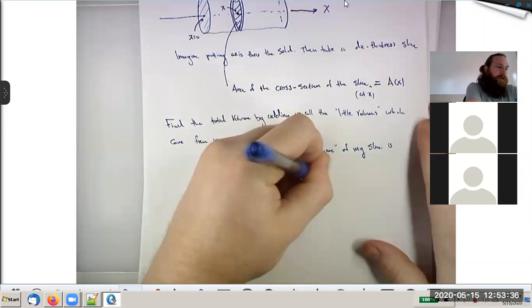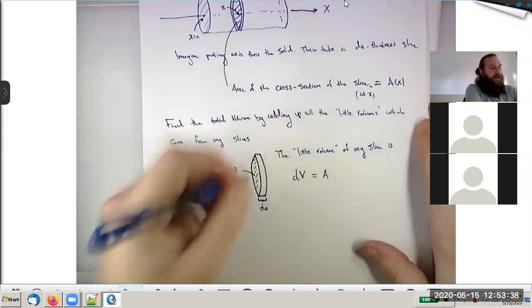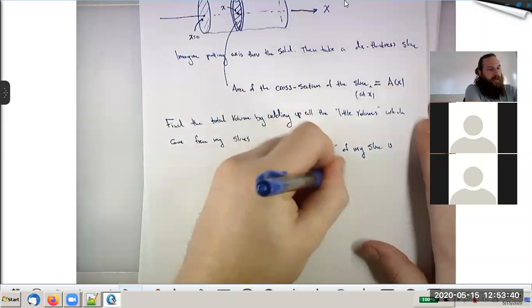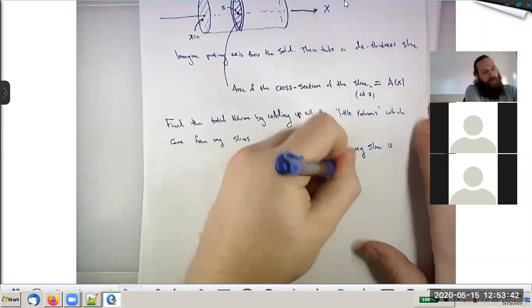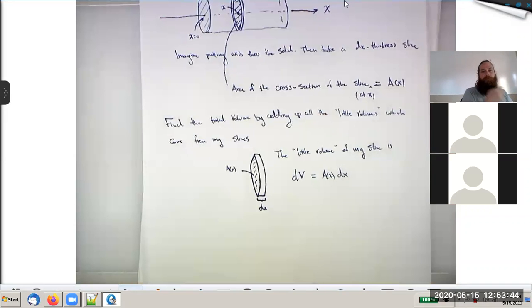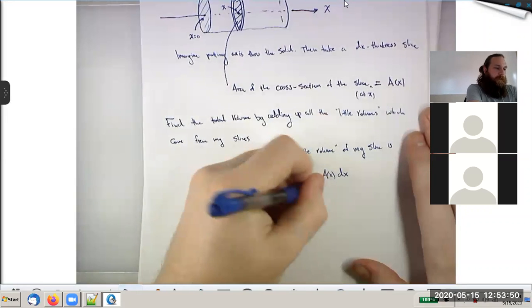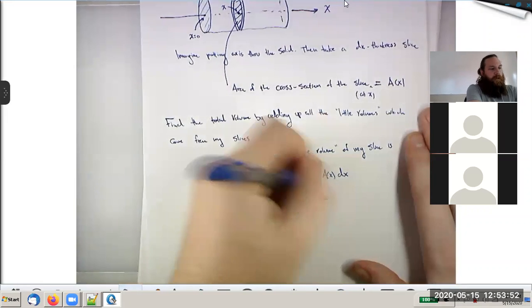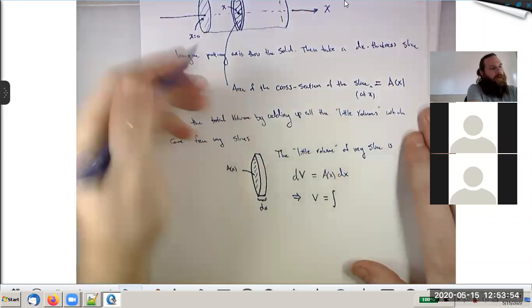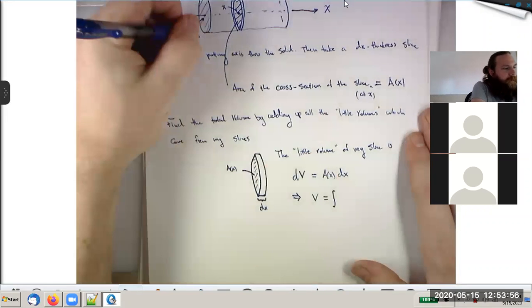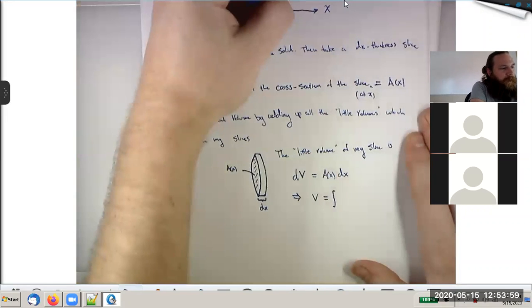dv will be that little area, A of x, times dx. Which means that my whole volume is going to be the integral from wherever to wherever. Maybe instead of calling this x equals 0, I'll call it x equals a.